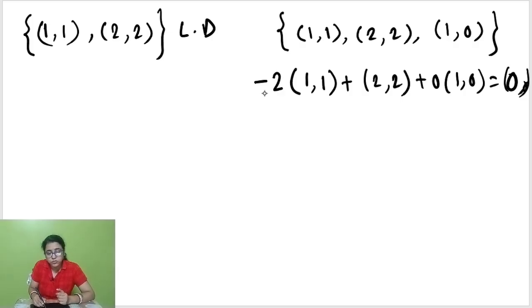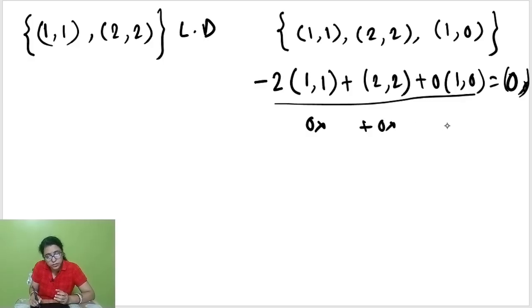So we are getting non-zero scalars -2 and 1 for which this combination becomes the 0 vector. If we add more vectors in this set also, then we can again write this combination with 0 into that vector plus 0 into one more vector, and in this way we can continue.